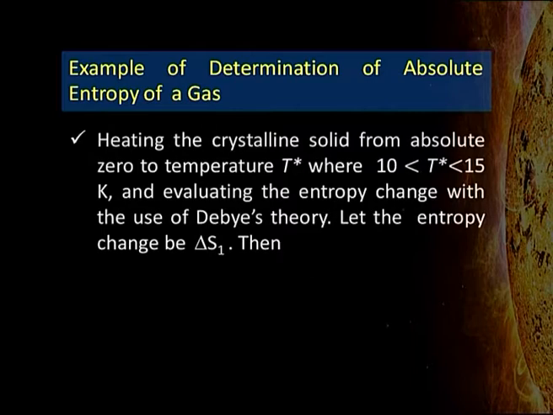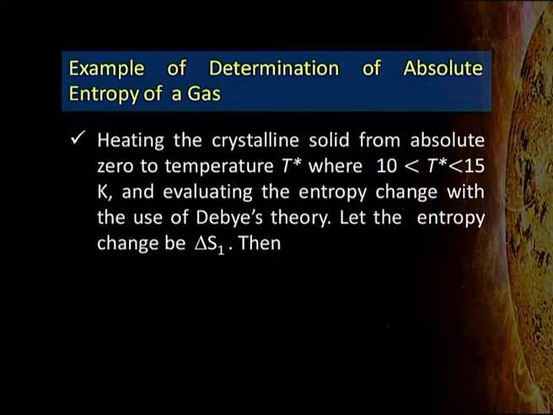The first step is heating the crystalline solid from absolute 0 to temperature T star, where T star is a temperature between 10 Kelvin and 15 Kelvin, and evaluating the entropy change with the use of Debye's theory.